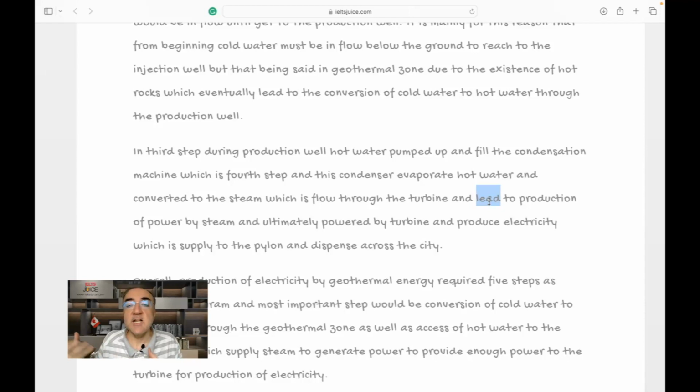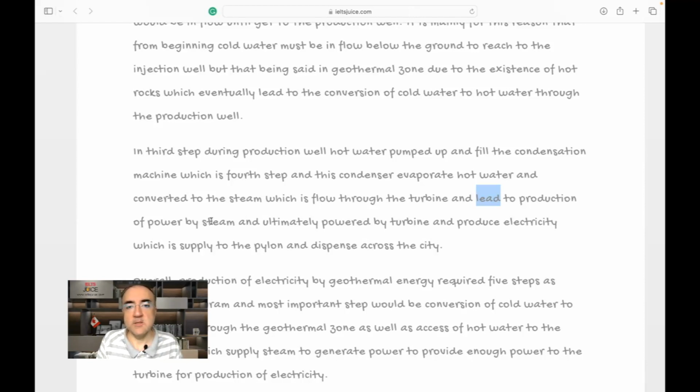Steam is led. Like, there are human beings, there are engineers who know what to do with steam, and they lead steam to something, to production of power by steam. Okay, and ultimately powered by turbine, and is ultimately powered by turbine.